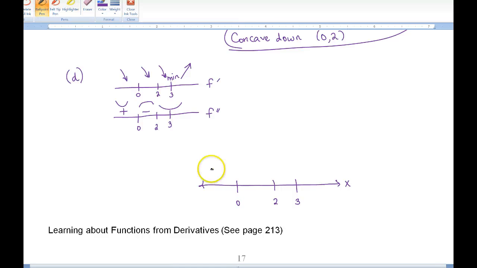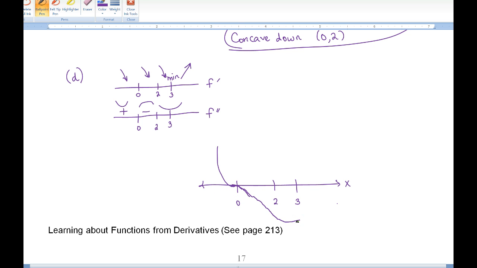And then, so it's going to be something like this. It's going to be concave up. That's really bad. Let me try again. Okay, there's going to be concave up, and then concave down until we get to 3.